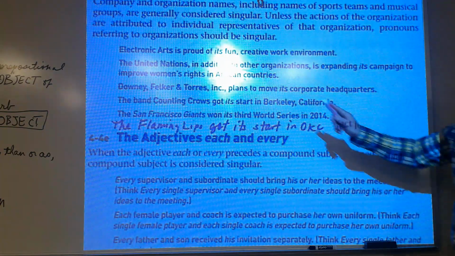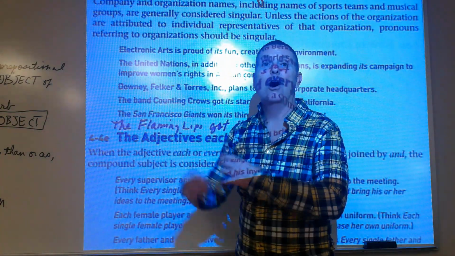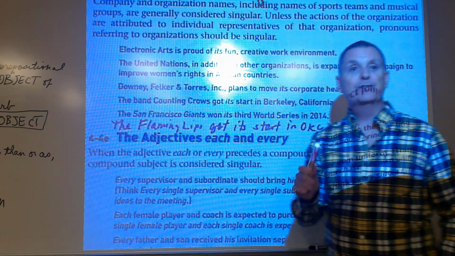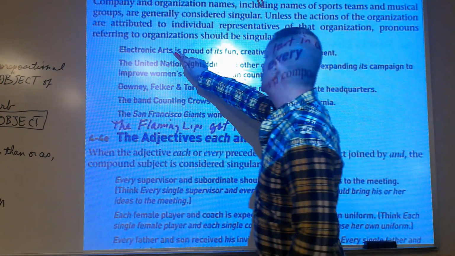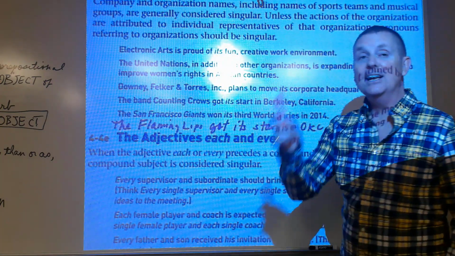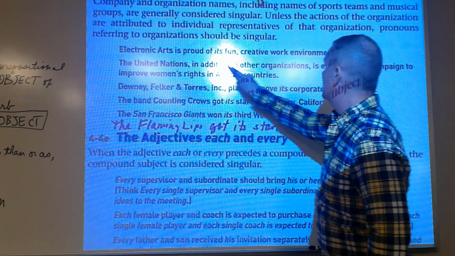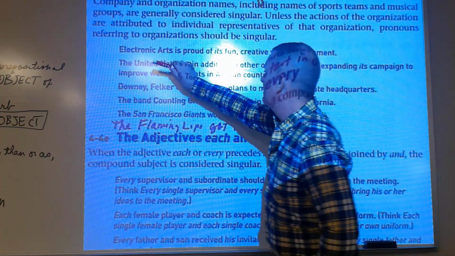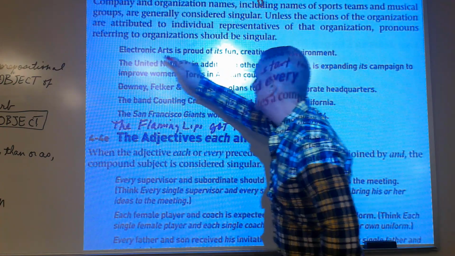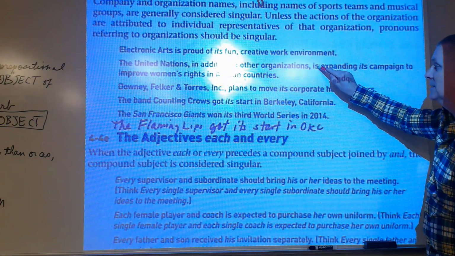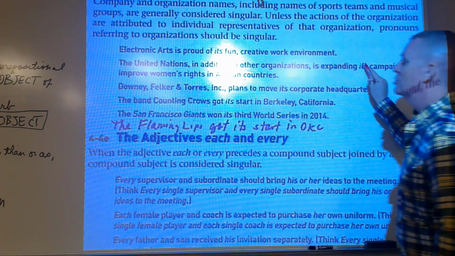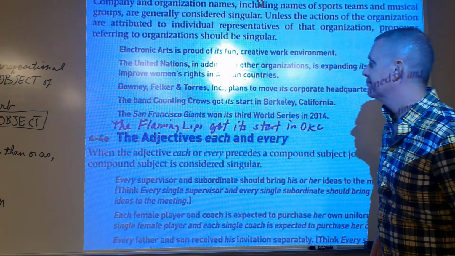So even though it has multiple arts, it's a company, and so it's considered collective, so a singular verb is used and a singular pronoun refers to it. The United Nations, one singular group, is in addition to other organizations. Remember, that's an in addition, so don't even look at that one. United Nations is a singular group, so use a singular verb and a singular pronoun to refer to it, its.